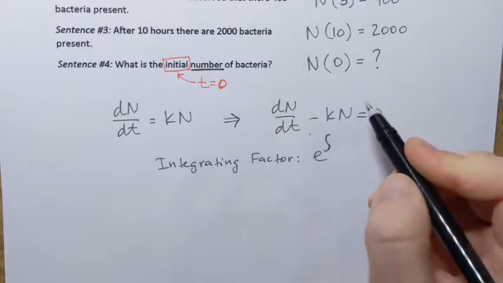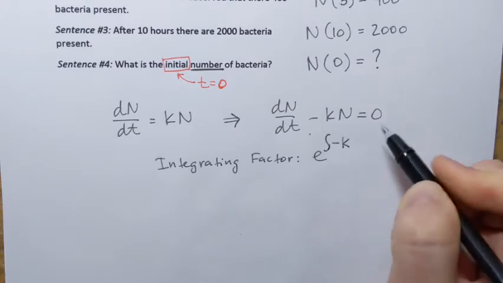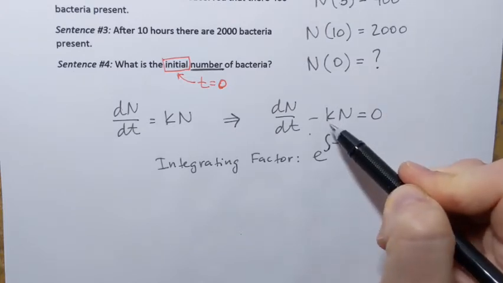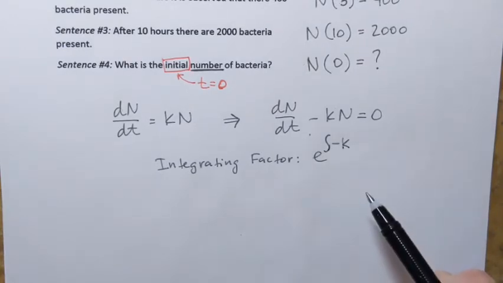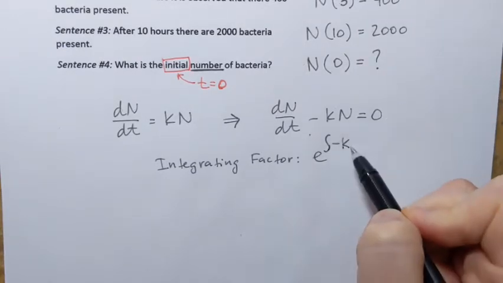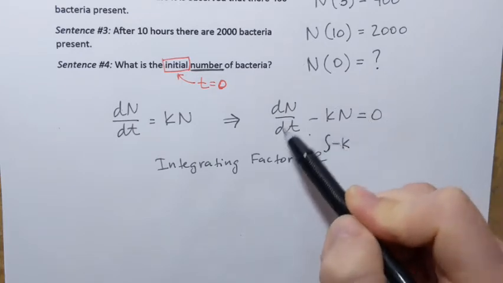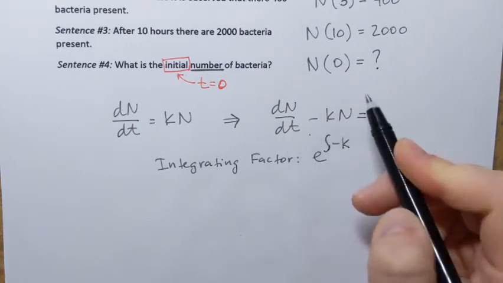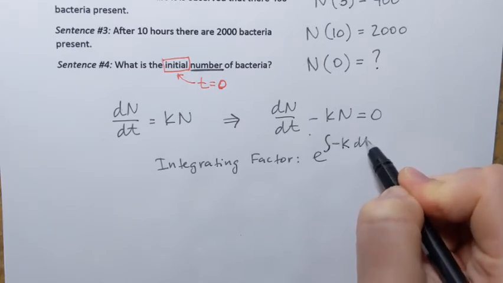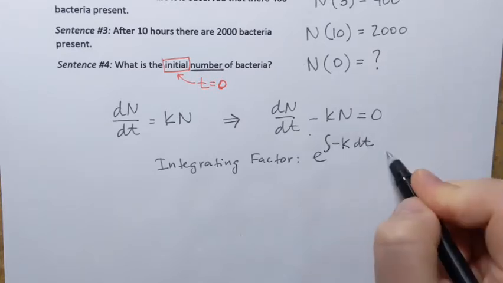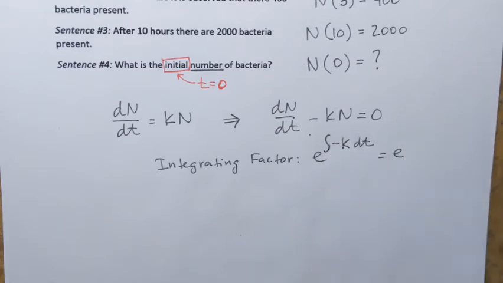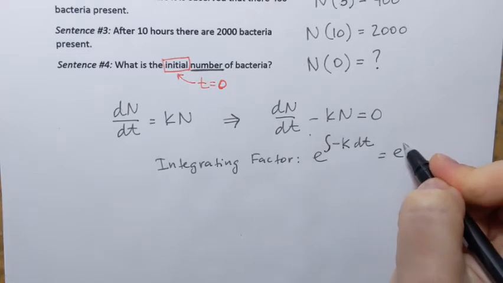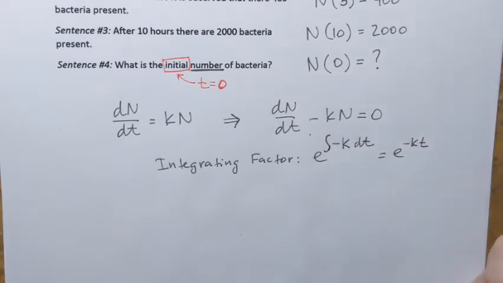Well, that's what we're going to integrate, negative k. Now, keep in mind that k is the constant, that's what we call constant of proportionality. But the independent variable in our equation is variable t. So that's going to be negative k dt. Okay, so let's integrate that. It's e to the power negative kt, and I can't really simplify it any further.